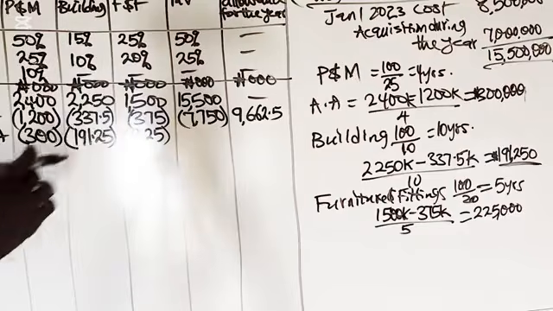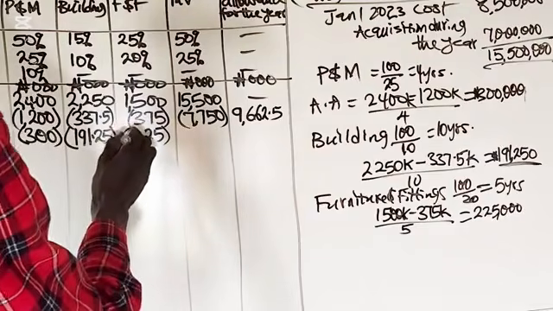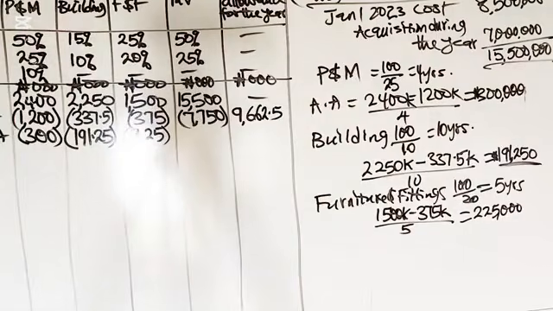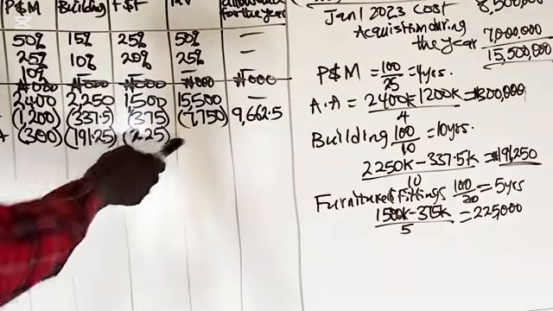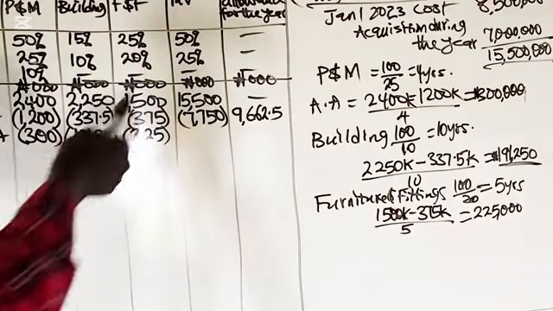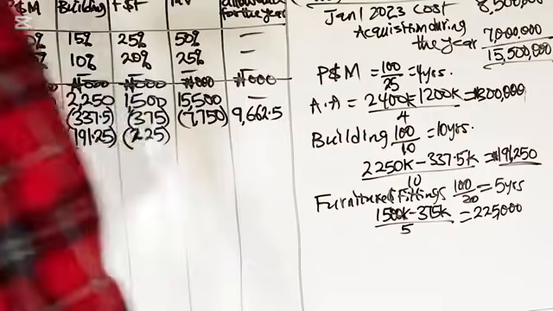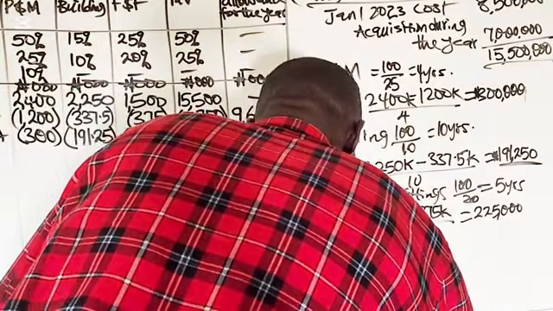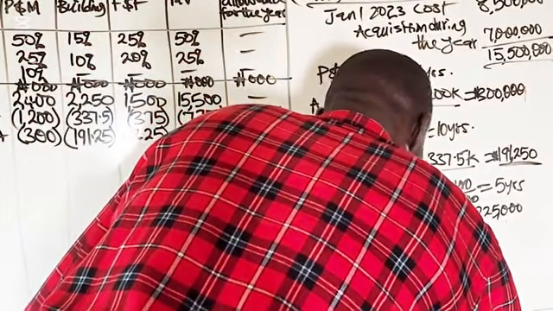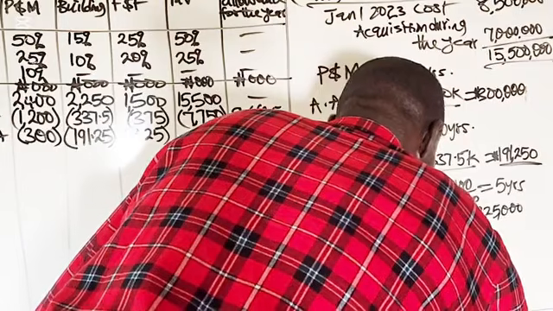Then after furniture and fittings, the next one is motor vehicle. The motor vehicle has an annual allowance rate of 25%. Since the annual allowance rate is 25%, that means 100 over 25.